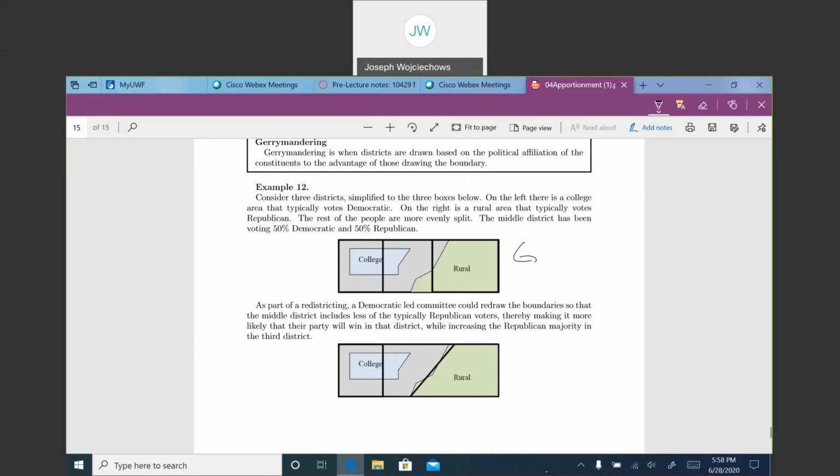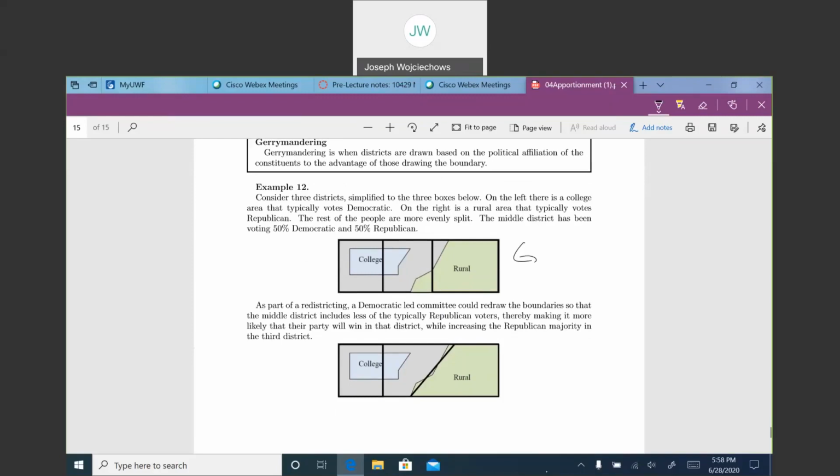On the left, there is a college area that votes Democratic. On the right is a rural area that typically votes Republican. The rest of the people are more evenly split. The middle district has been voting 50% Democrat and 50% Republican.